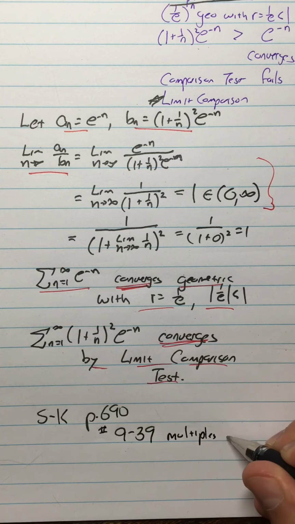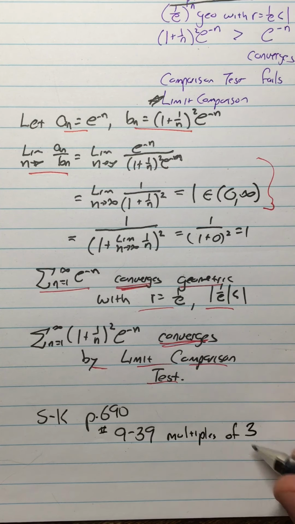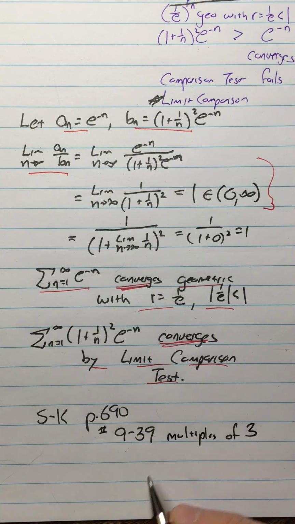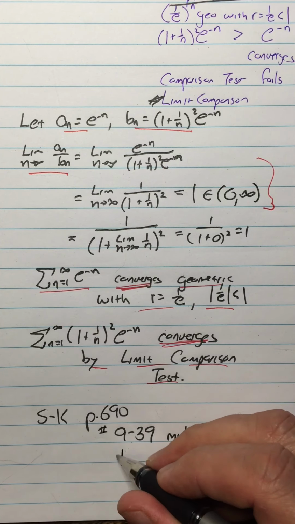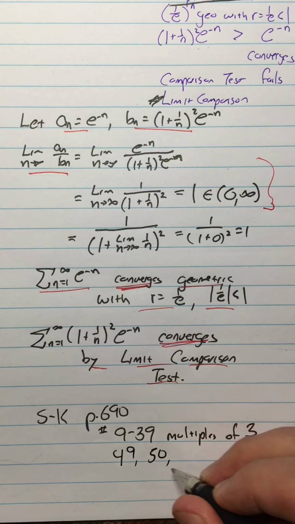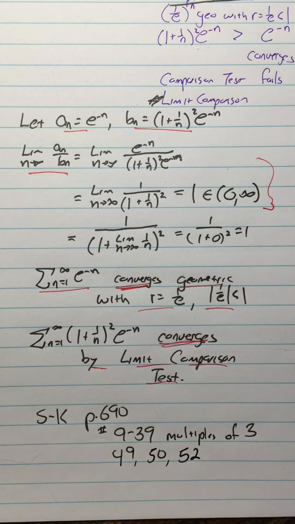I haven't been doing that much in this class. I wanted to spread these out. So obviously what I mean is you're doing number 9, 12, 15, 18, 21, etc. Multiples of 3 up to 39. And you're also doing number 49, 50, and 52, which are the interesting challenge problems. That is your assignment on the comparison test.